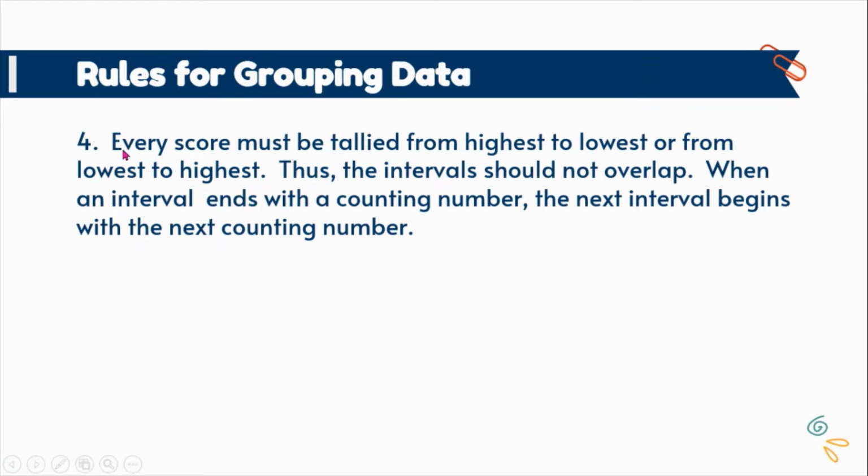And lastly, every score must be tallied from highest to lowest or from lowest to highest. Thus, the intervals should not overlap. When an interval ends with a counting number, the next interval begins with the next counting number.